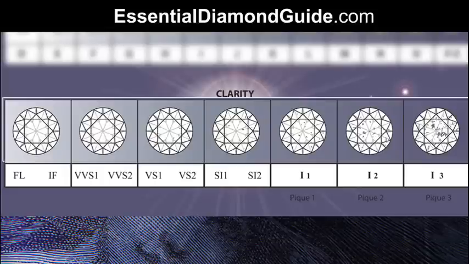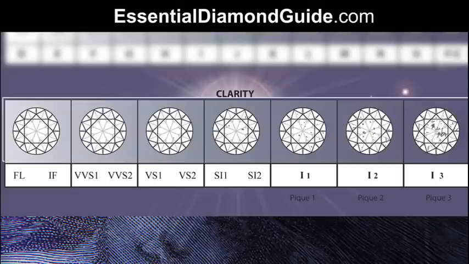When you get to SI2 and lower, you definitely can see markings, but it depends where they are. You might get an SI2 diamond where the flaw is on the edge. In that case, it may be covered by the setting once the diamond's set. So again, it's very important to look at the actual diamond that you're buying.